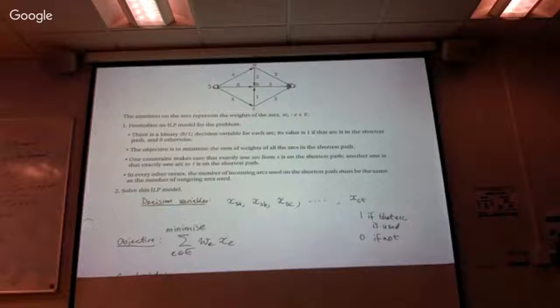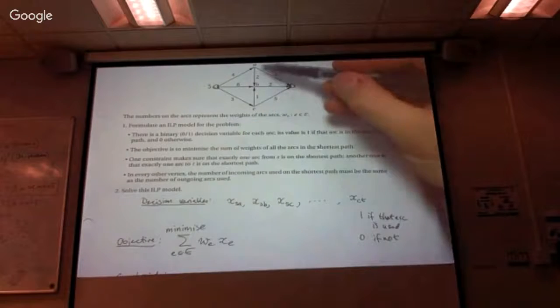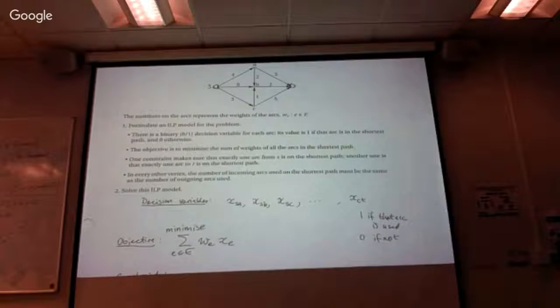And then for all the remaining vertices, so A, B, and C, the number of arcs that you use to come there is equal to the number of arcs that you use to get out. It sounds a bit odd, perhaps, but it only means that if you get there, you want to get out as well, and if you don't get there, then you must not get out.